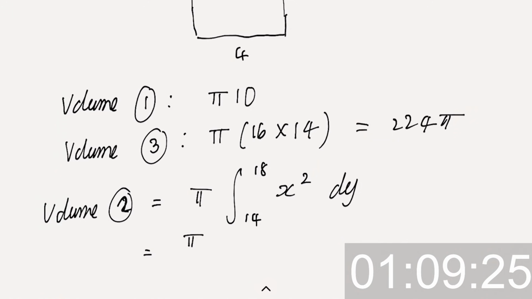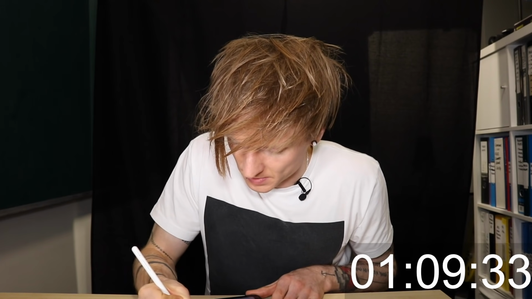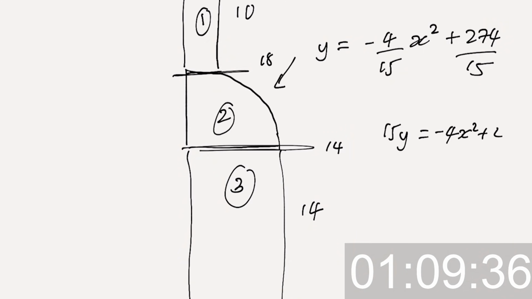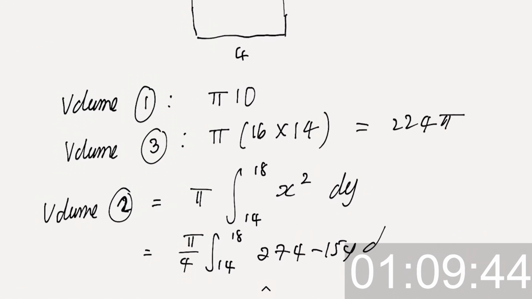Then I can substitute for x in terms of y from my other equation. So that's pi times the integral from 14 to 18 of x squared. Up here, 15y is minus 4x squared plus 274. Substituting that in will give me 274 minus 15y dy, divided by 4. Yes, I think that's right. Good. Now I just need to do this integral.